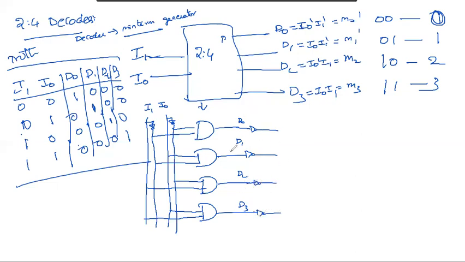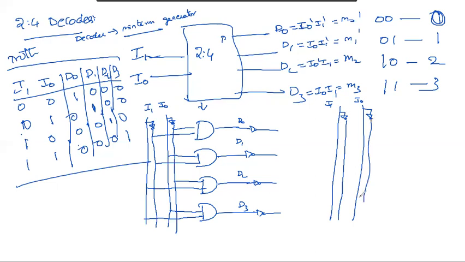We replace this entire circuit with NAND. So I am replacing the entire circuit with NAND. I1, I0, I0 bar, I1 bar.